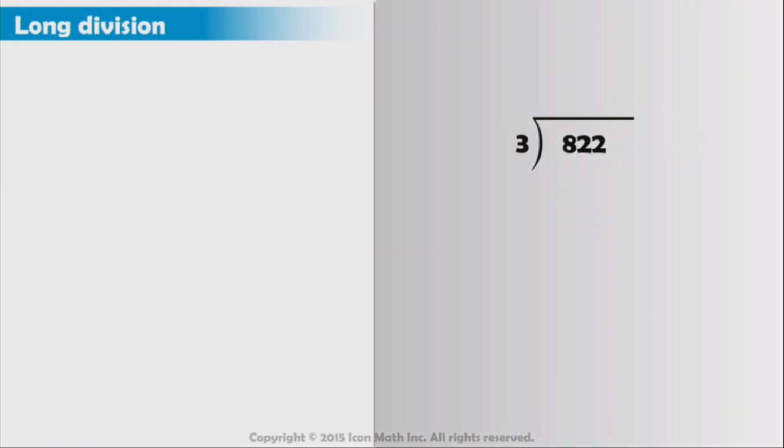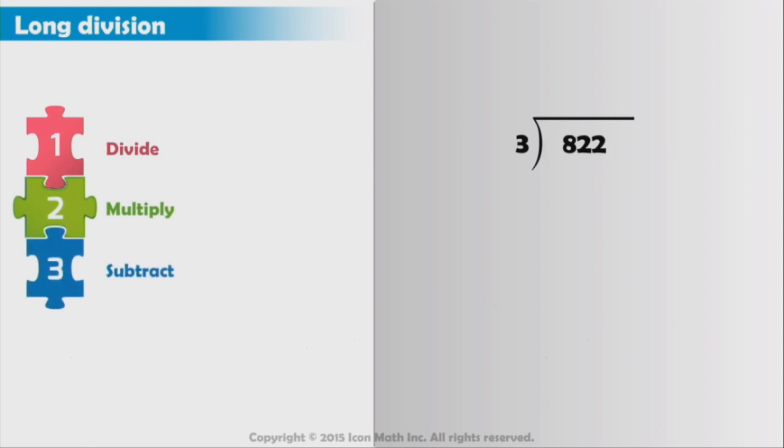When performing long division, we carry out 4 steps with every digit in the dividend. Remember our steps, guys? We divide, we multiply, then we subtract, and finally, we bring down the next digit from our dividend until we have no more digits to bring down.